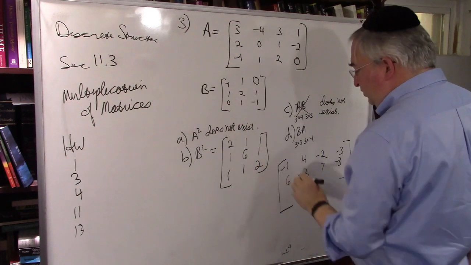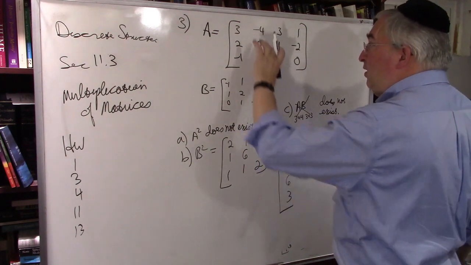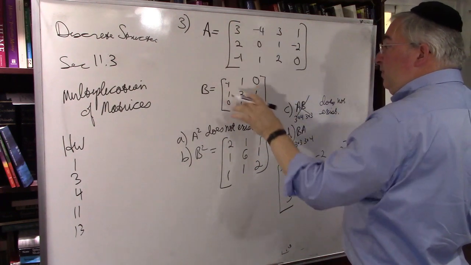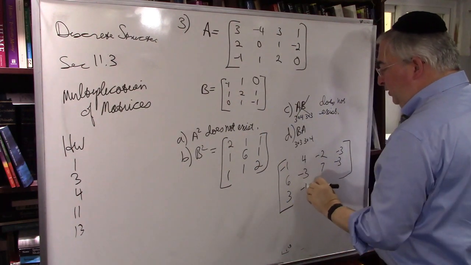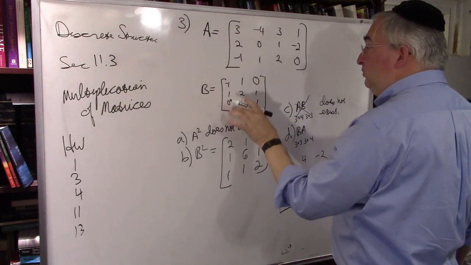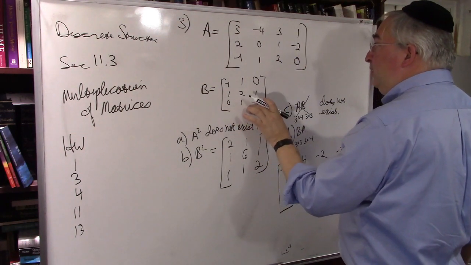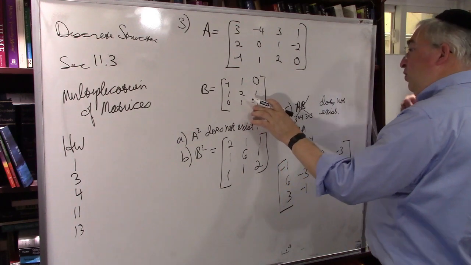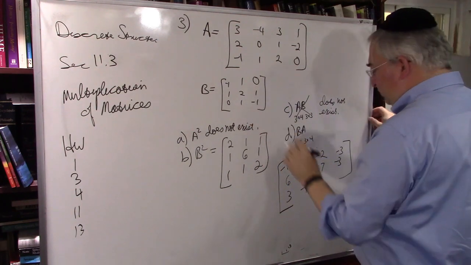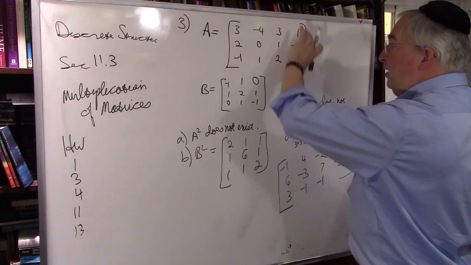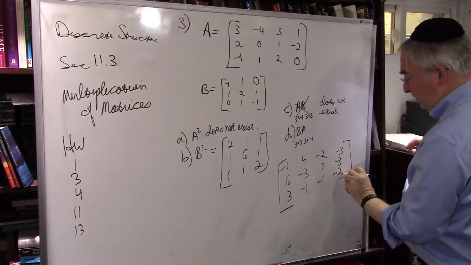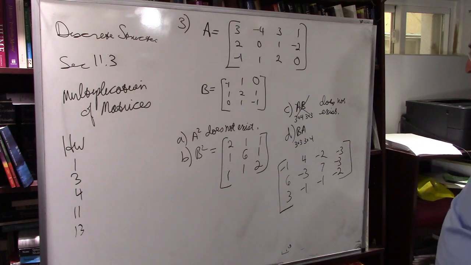Two plus 1 is 3. Minus 1. 1 and minus 2 is minus 1. Minus 2. Okay, that's what I got.